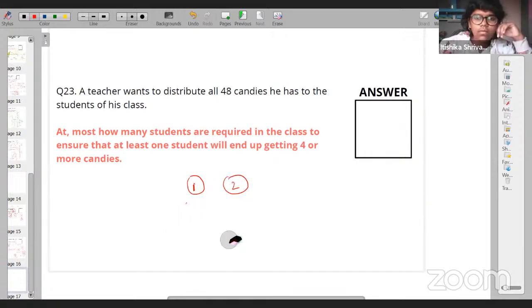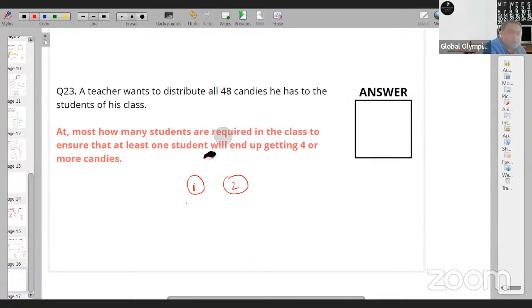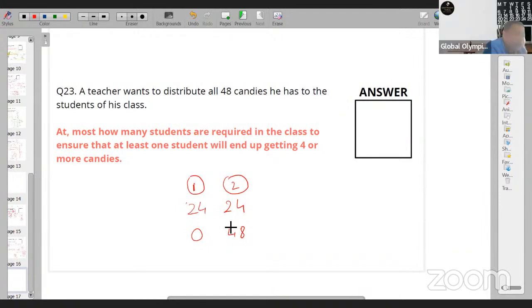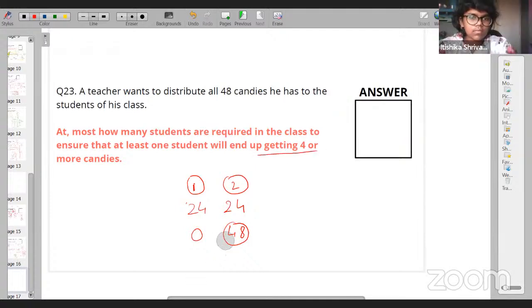I'm not saying equally divided. Nowhere it says that it has to be equally divided. Either you do equal distribution 24-24, or at the extreme opposite, I can have 0-48. So even with 0-48, you see that at least one person is getting 4 or more.